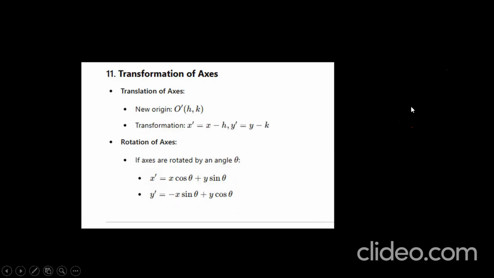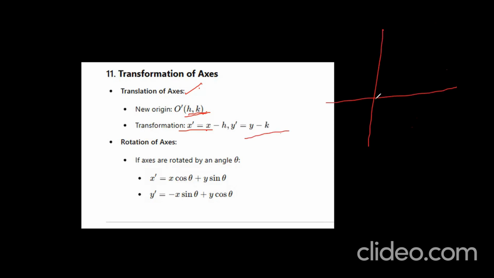Next, transformation of axis. The very first one is translation of axis. Suppose I am taking O dash of h comma k. The transformation is x dash is equal to x minus h, y dash is equal to y minus k.